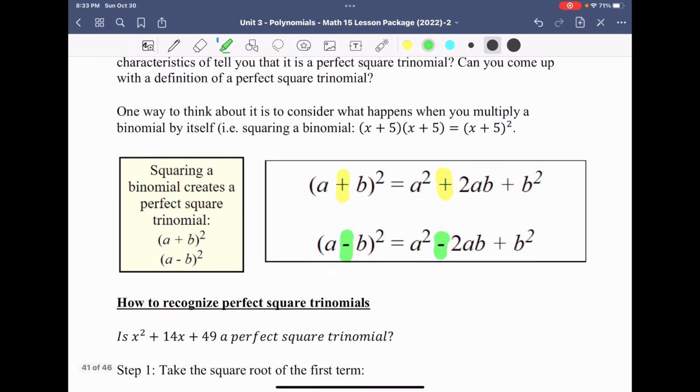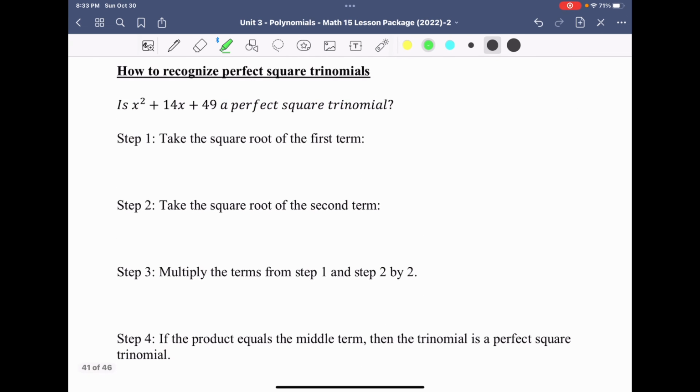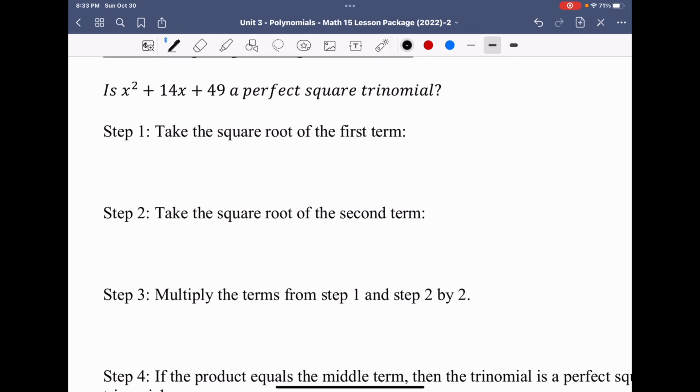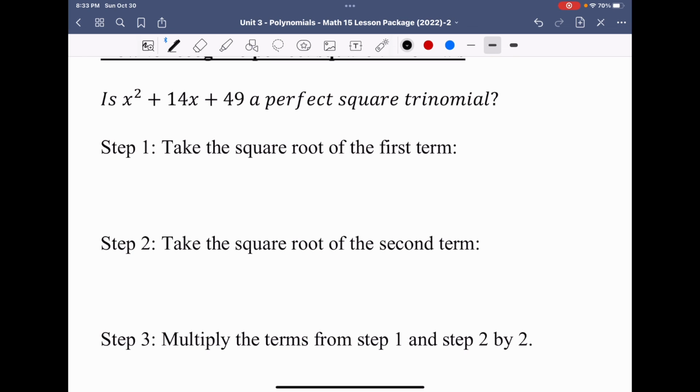So let's work on steps to determine if this is a perfect square trinomial. Let's take the square root of the first term. In this case, our first term is x squared, a perfect square, and it becomes x. We take the square root of the second term, and by second term, what they actually mean here is our last term. So if I square root 49, this is equal to 7.